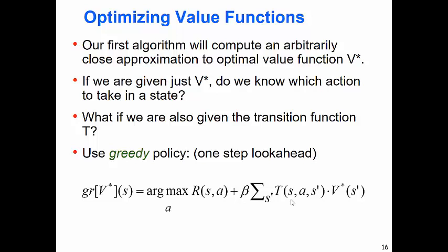All right? So if I give you a value function now, we have a definition of the greedy policy with respect to that value function. It's greedy because it's just looking at the next state and saying, hey, I'm going to get that value. And it turns out that if this is the optimal value function, this is going to be an optimal policy. All right? So similar to what we saw with finite horizon value iteration. That's how you extracted the policy as well.